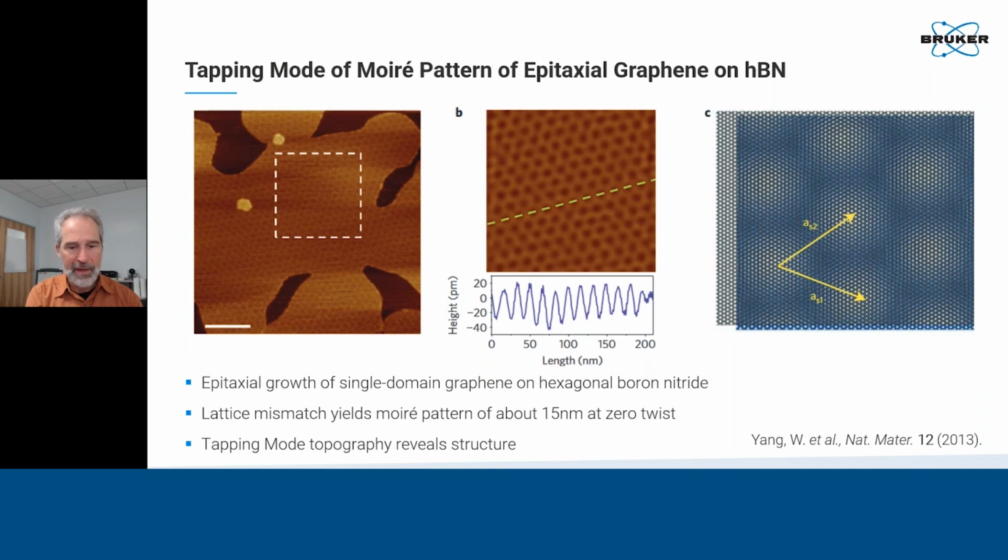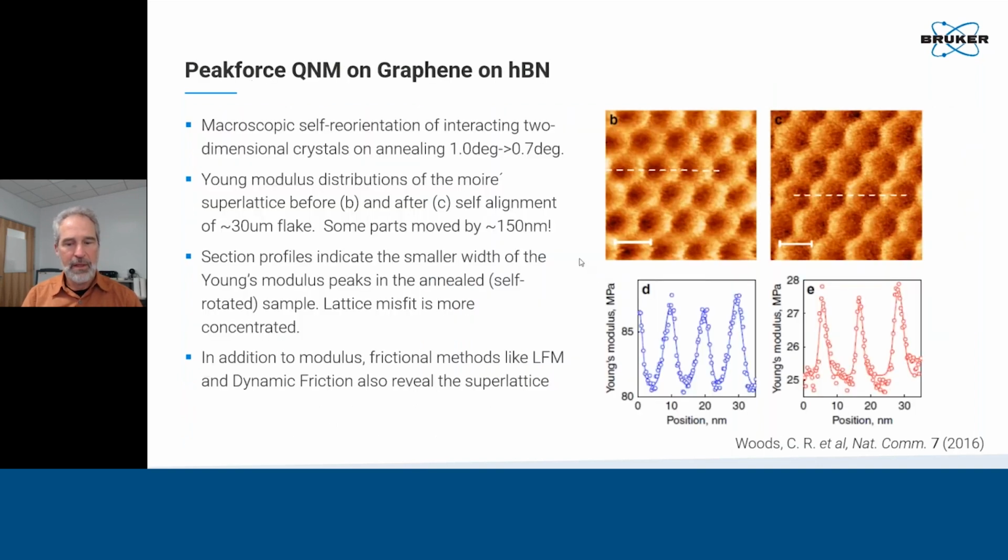In this case, it was about a 15 nanometer superlattice or moire pattern because the twist was around 0 in the different materials. Then a couple of years later, we got a couple of nice papers from Woods looking at these moire superlattices using peak force QNM.